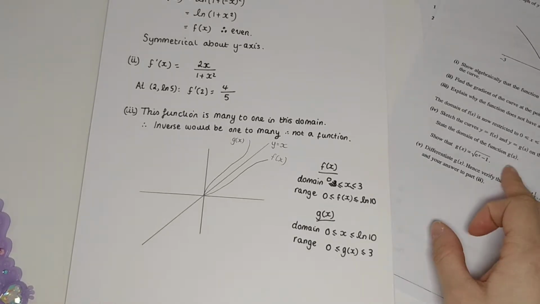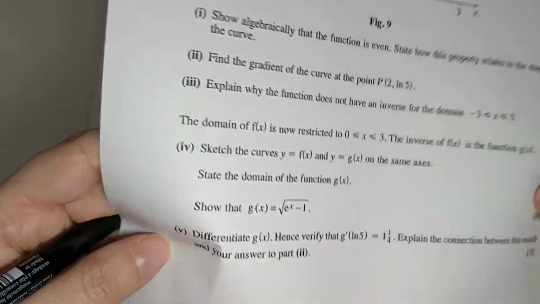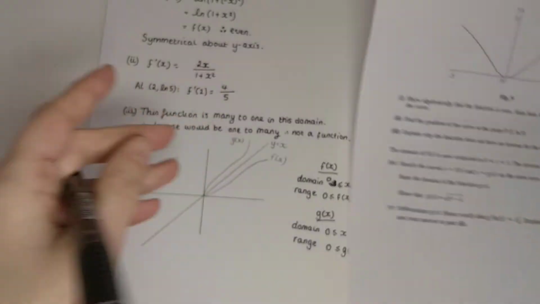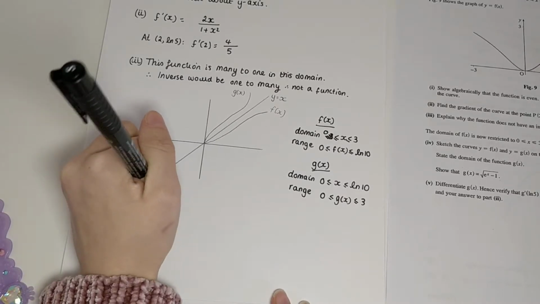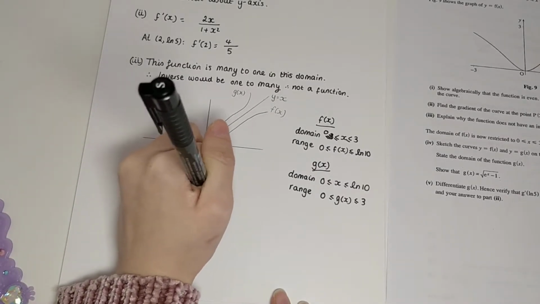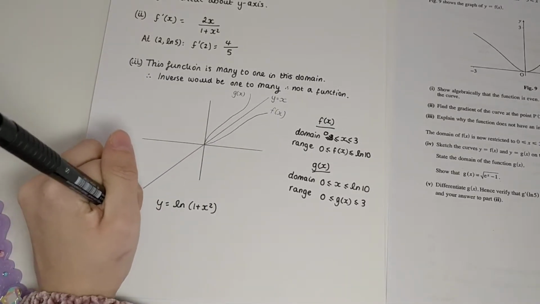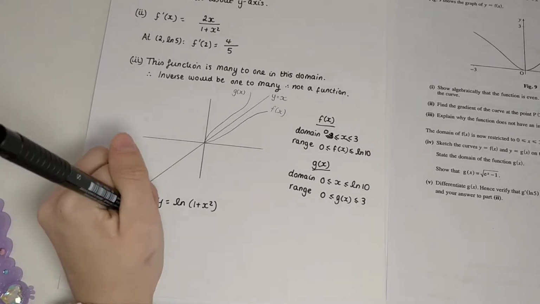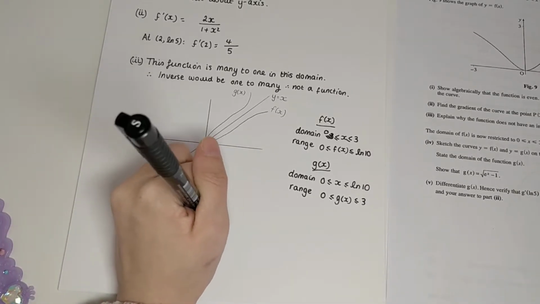Show that g of x equals that. Okay, basically find the inverse of f of x. So y equals log of 1 plus x squared. I'm going to find the inverse, so I'm going to swap the x and the y over. So x equals log of 1 plus y squared.